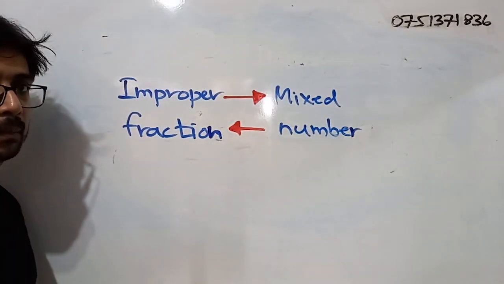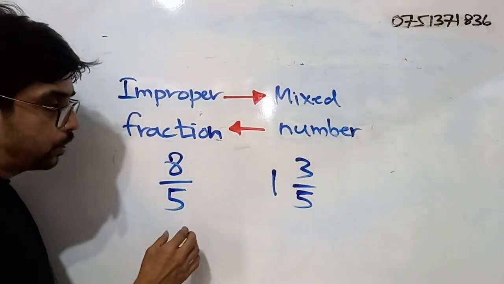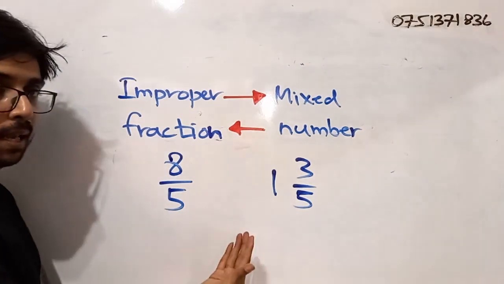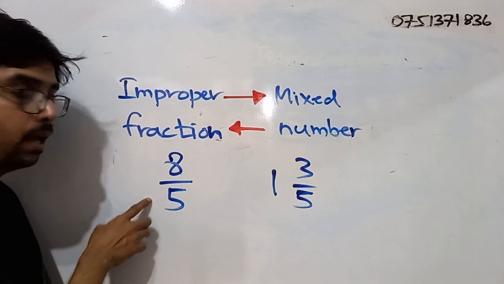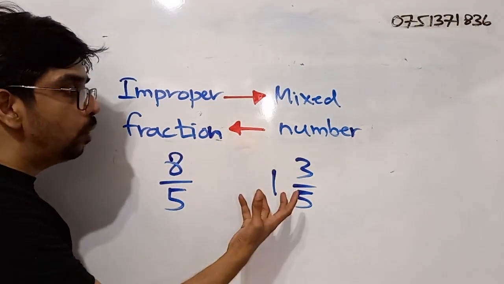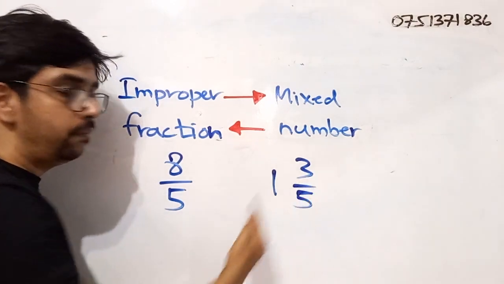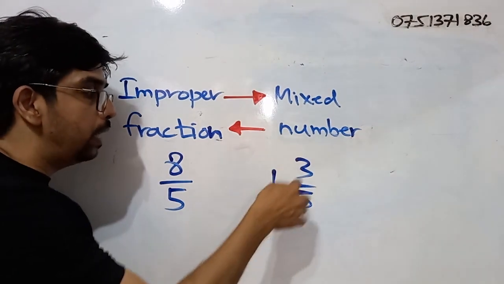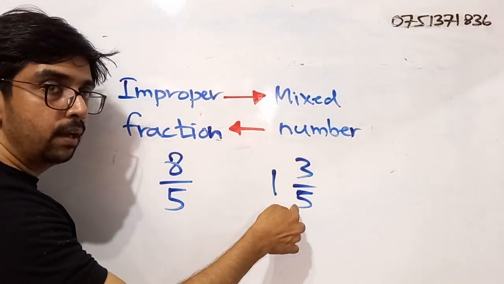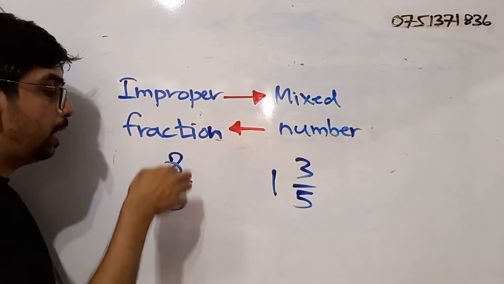So on the board, I have written 2 fractions. Actually, these 2 fractions are the same. If we take 8 by 5 and convert it into a mixed number, what do we get? 1 and 3 by 5. In the same manner, if we convert 1 and 3 by 5 into an improper fraction, what do we get? 8 by 5.